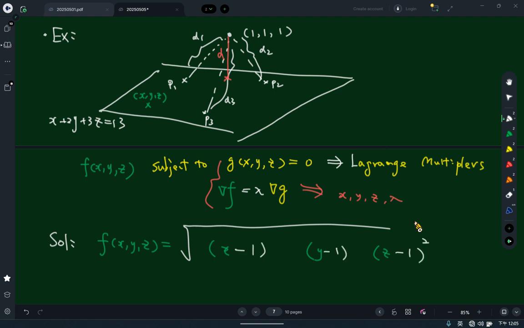We try to get the distance, right? So we can define the distance as f of x, y, z like this. This is our target. We hope we can find the minimum distance, as I mentioned here. Different points give different distances, but we just want to get the minimum.